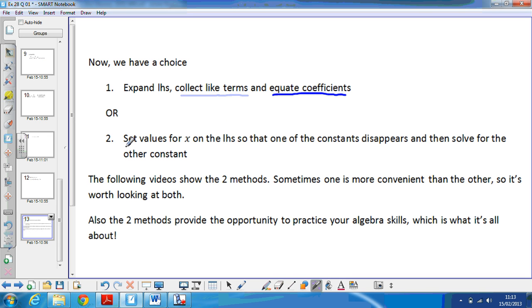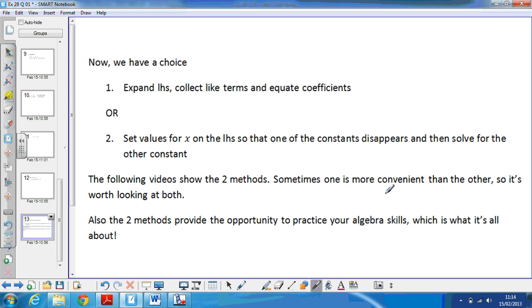Or we can set values for x. We can assign a value for x, which means that one of the constants, a or b, disappears, and then we can solve for the other constant. And then once we've done that, we assign another value to x to find the other constant. I'm going to now do two videos to show the two methods.